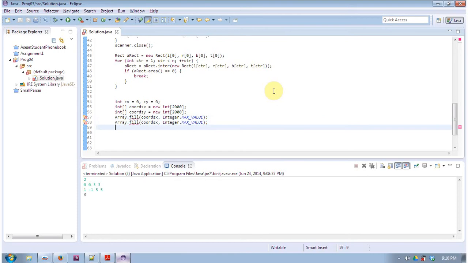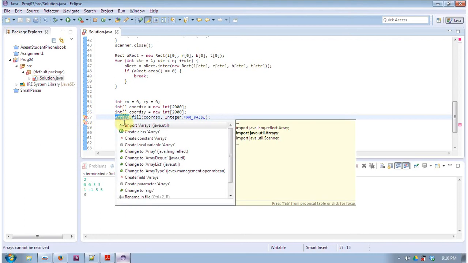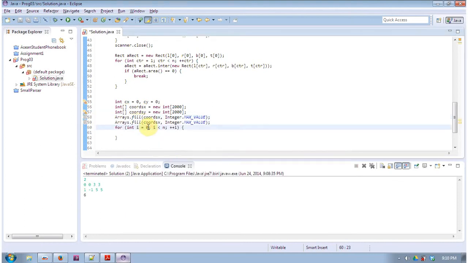So we have for int i equal to 0, i less than n, i plus plus. So import Arrays from java.util.